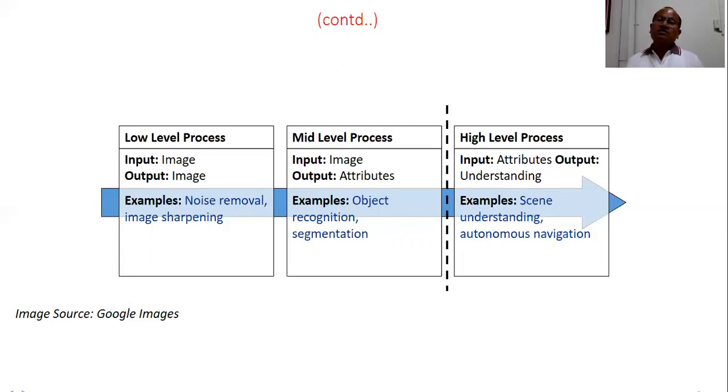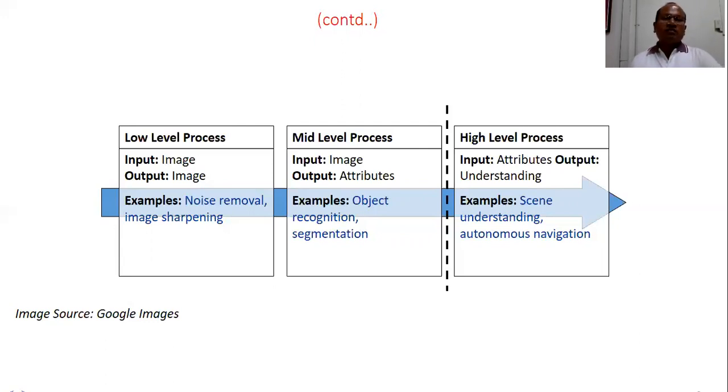Noise removal means the image is noisy. We want to reduce the amount of noise. We want to remove the noise content. What will be input and output? Input will be an image, that is a noisy image. Output will also be an image, that is the image with reduced noise.